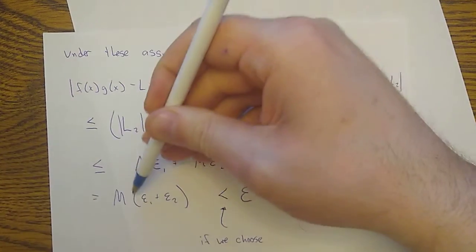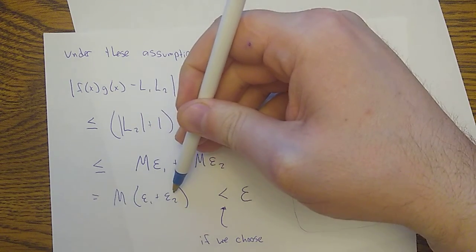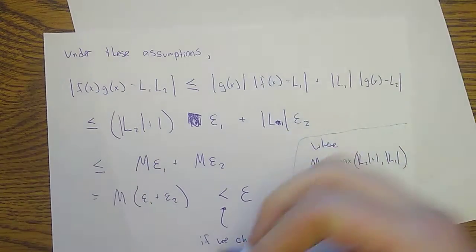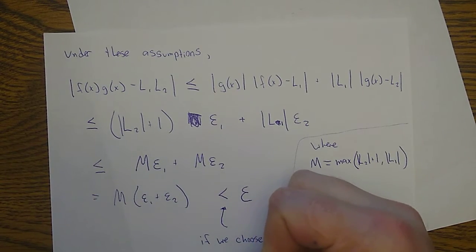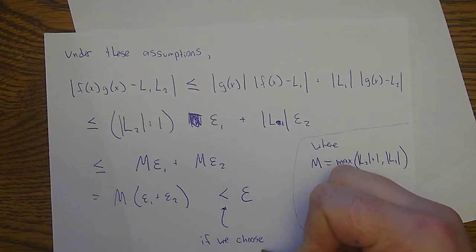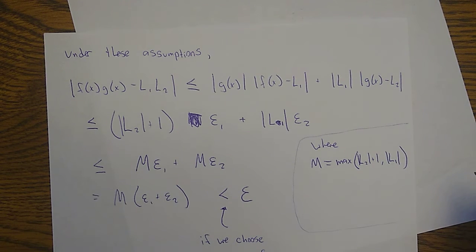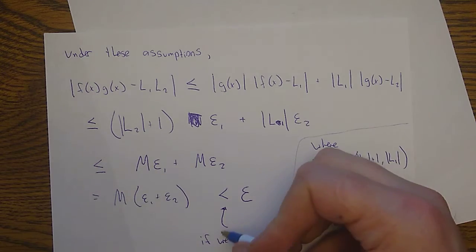I would want epsilon 1 plus epsilon 2 to be less than epsilon over M. If I make these epsilon over 3M, then I think this works.